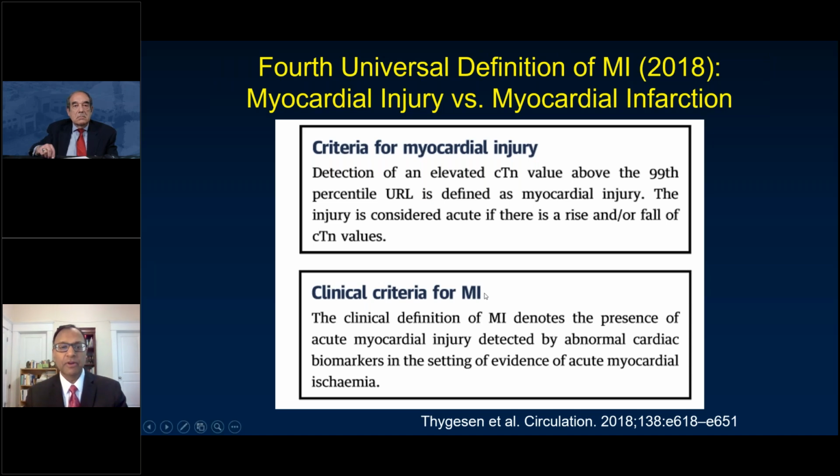A myocardial infarction specifically indicates that there's injury and there is also clinical evidence of acute myocardial ischemia. It's not sufficient to just have elevated troponin or a rise and fall in troponin. One must also document and note the presence of acute ischemia clinically based on symptoms, ECG, potentially stress testing, and other features.